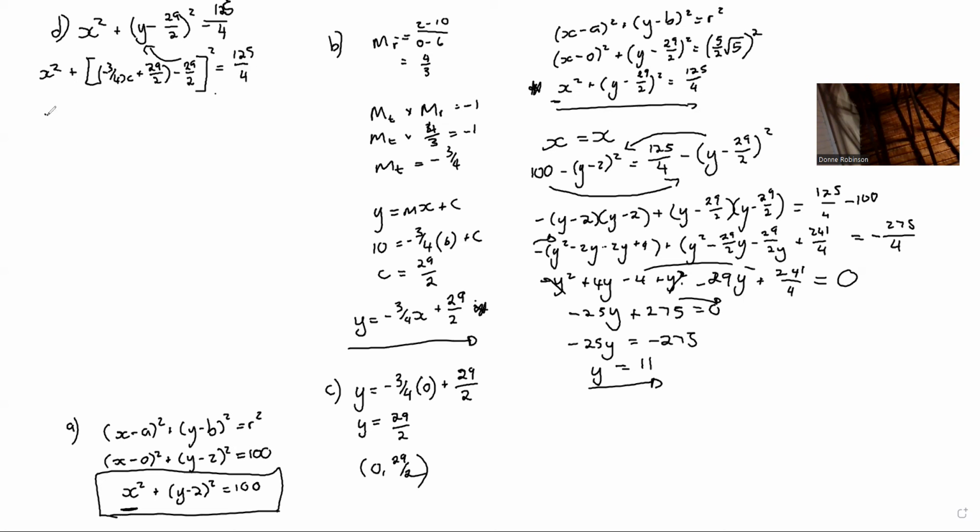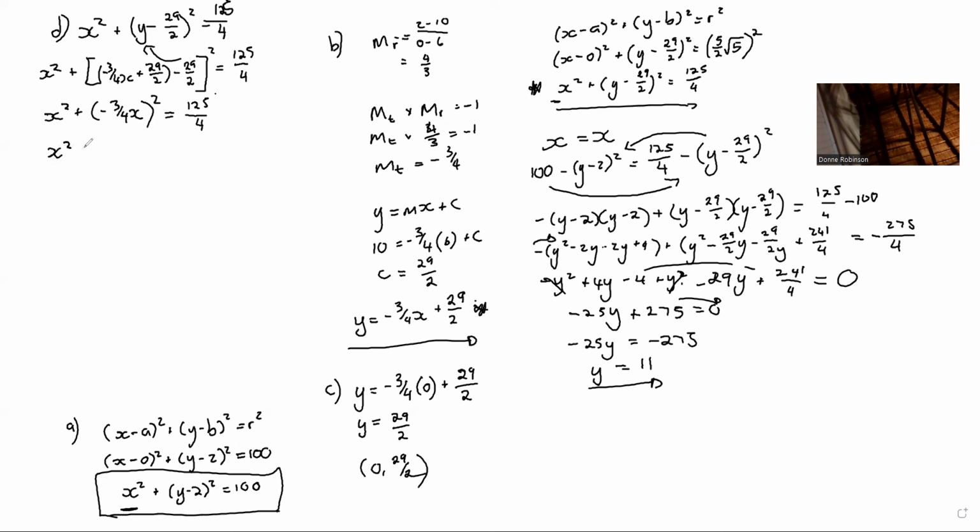Okay, let's simplify. 29 minus 29 is just going to cancel out. Squared equals 125 over 4.